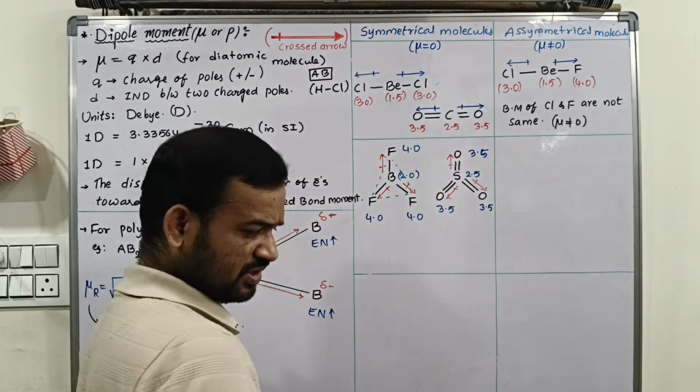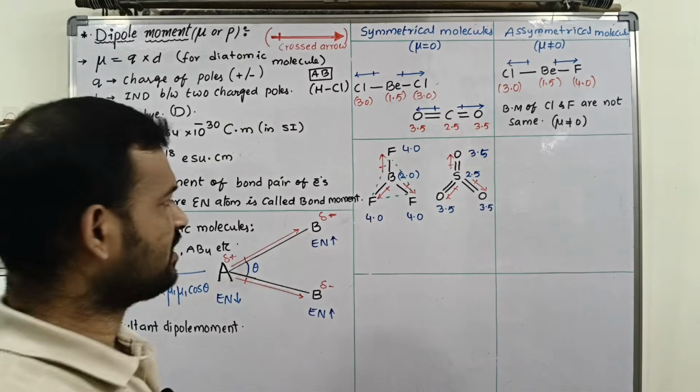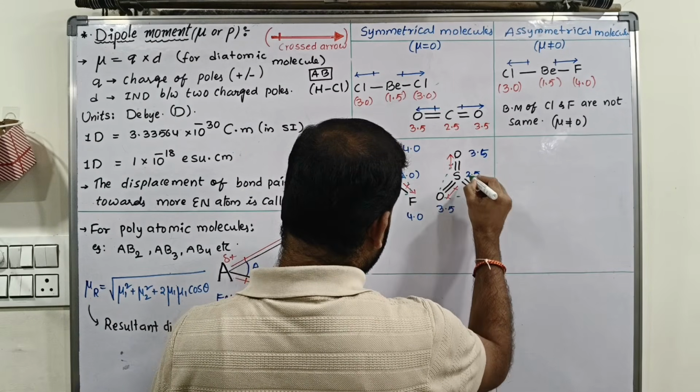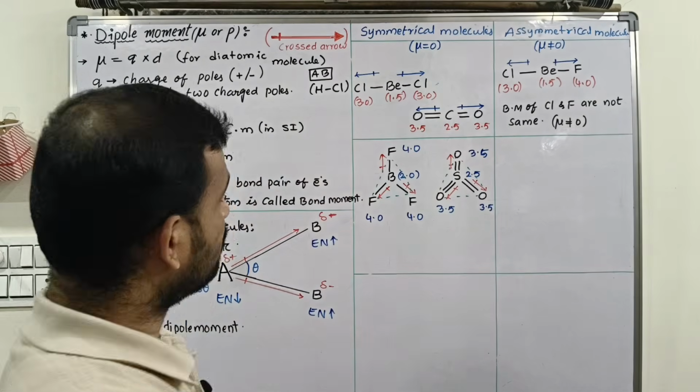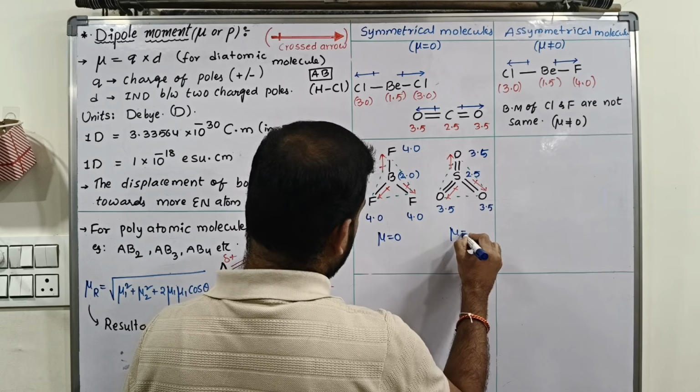Here also these are in a trigonal planar arrangement, so the bond moment of one oxygen is cancelled by the remaining two oxygens. For both, the dipole moment is equal to 0.